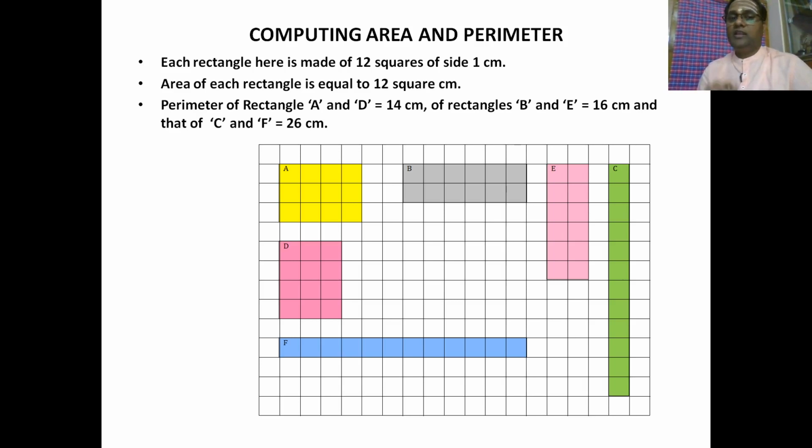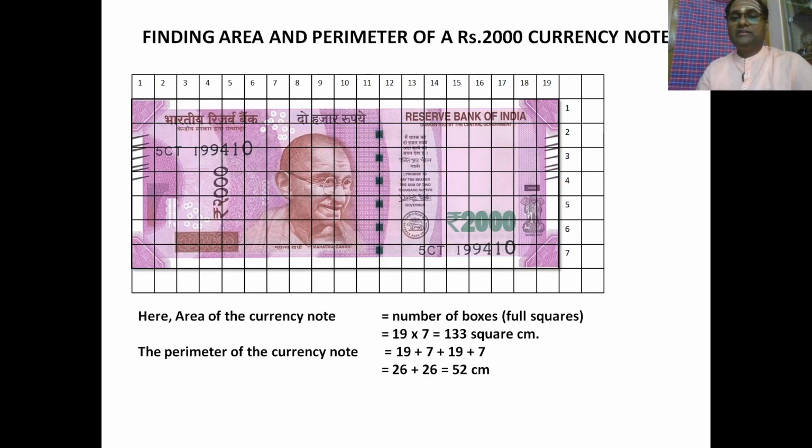So by counting the number of boxes, we can find the area, and by counting the sides along the boundary, we can find the perimeter of the rectangle or a square.